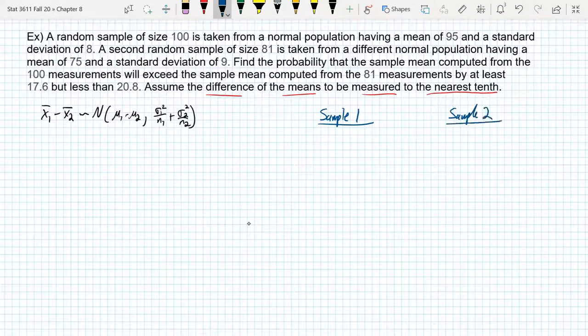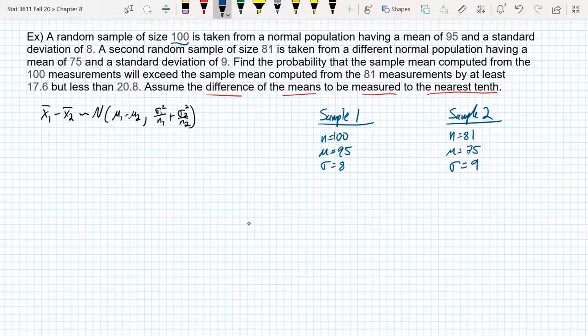Sample 1 has a size of N equal to 100, a mean of 95, and a standard deviation of 8. Sigma is 8, so the variance, sigma squared, is 64. Sample 2 has 81 units with a mean of 75 and a standard deviation of 9.